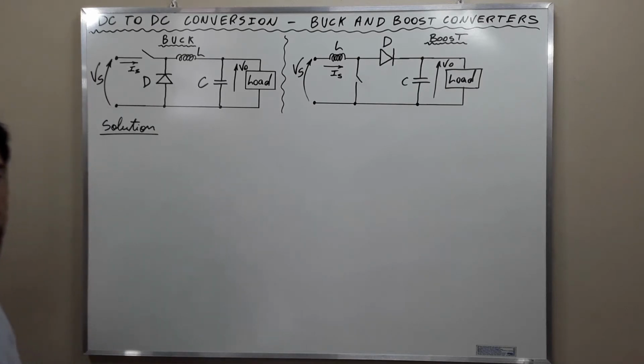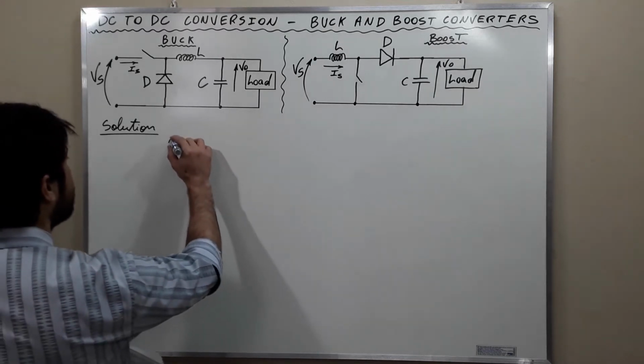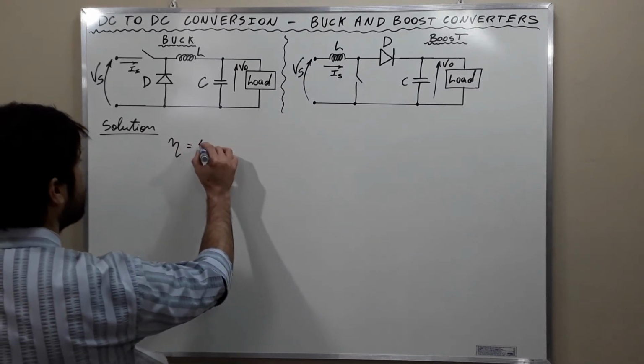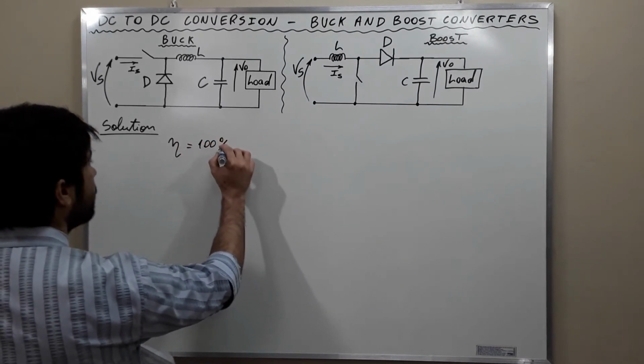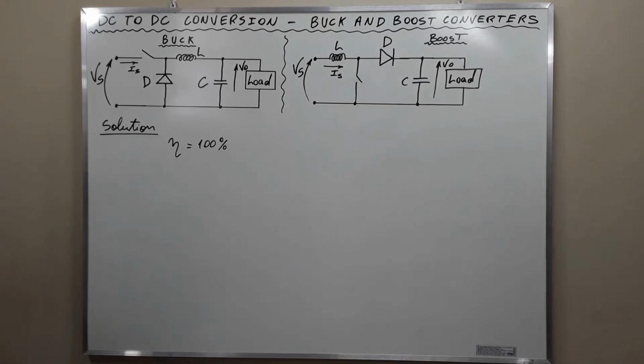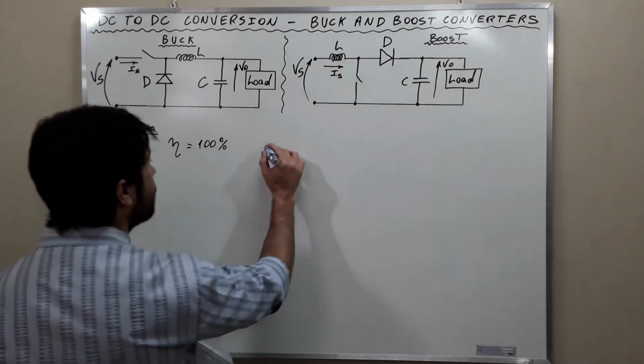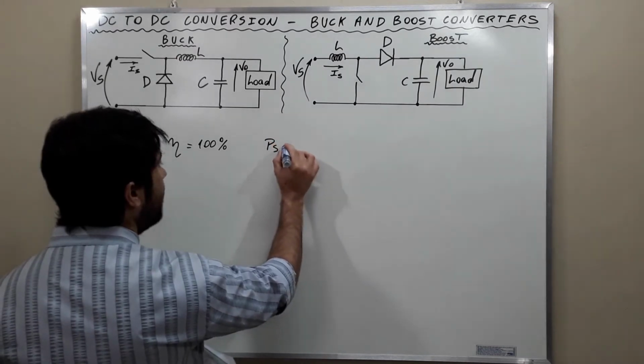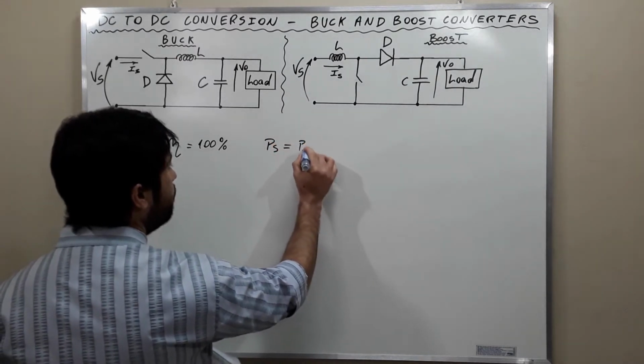If the converter is ideal, then its efficiency is 100%. That is, what does it mean? It means that PS is equal to PO.